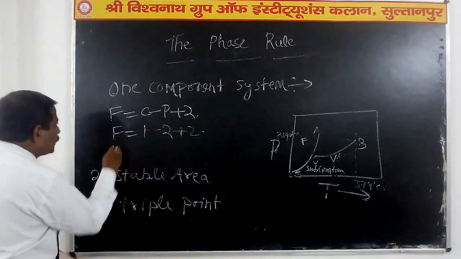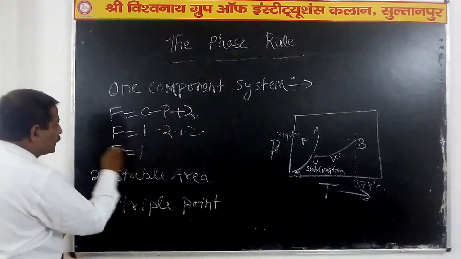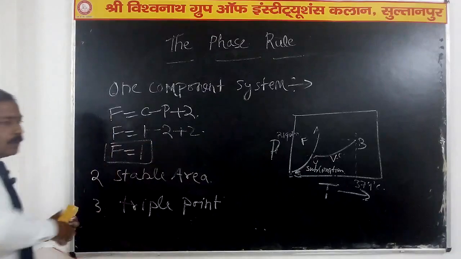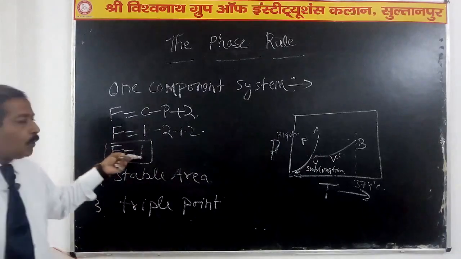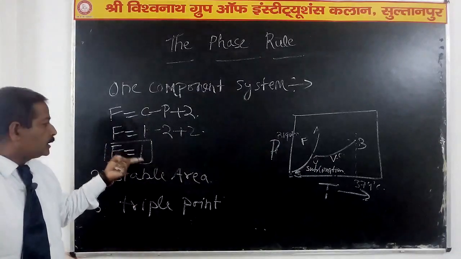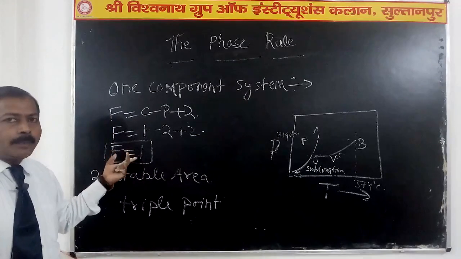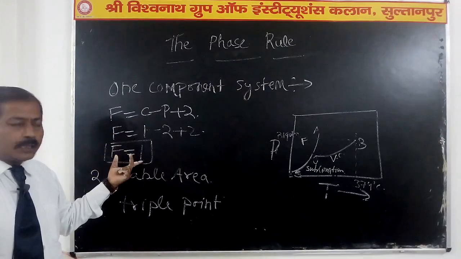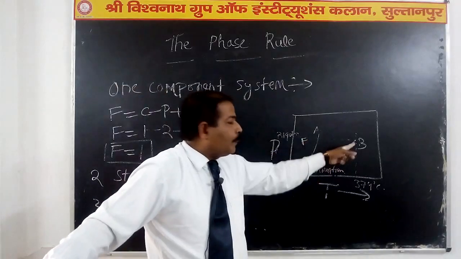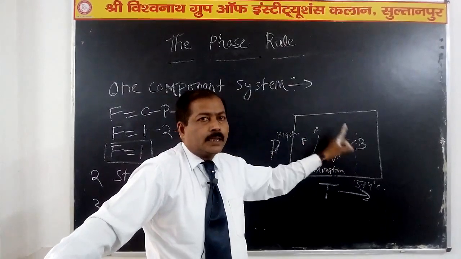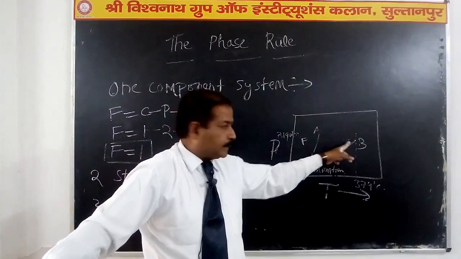F equal to 1. It means for describing the stable curve, we require only one variable factor. This variable factor may be temperature, pressure, or concentration. Similarly, along the curves OA and OB, we can calculate the degree of freedom equal to 1.